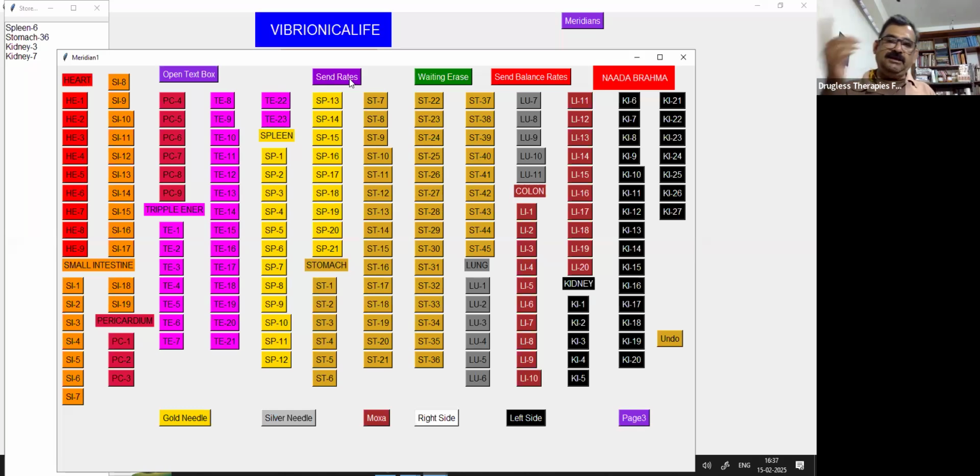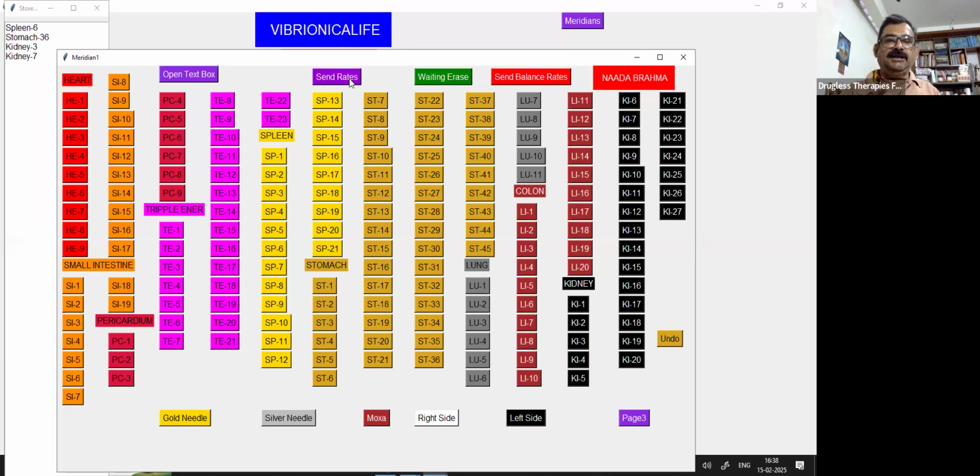And in the fire there are 4 meridians: small intestine, heart, triple warmer, and pericardium. These four meridians come under the heat, or fire element. The earth element is spleen and stomach.